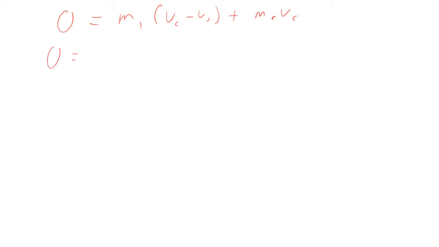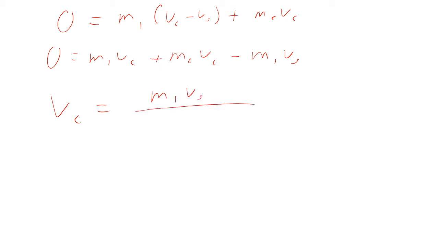So that means 0 equals M1 VC plus MC VC minus M1 VS. With a little bit of algebra, we see that VC is going to be M1 VS divided by M1 plus MC.